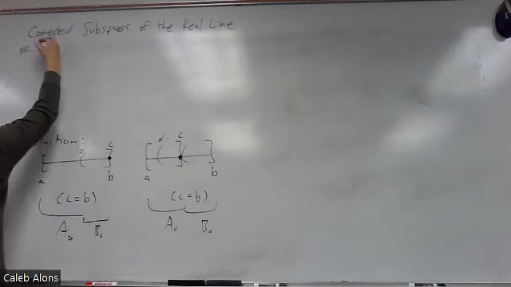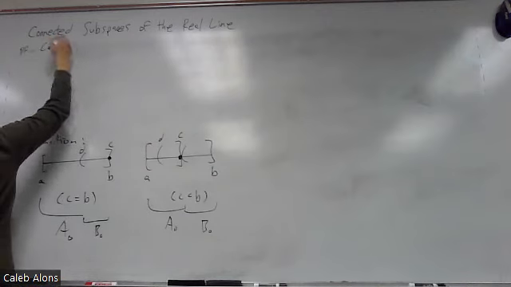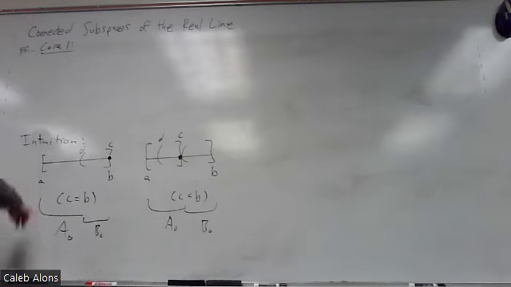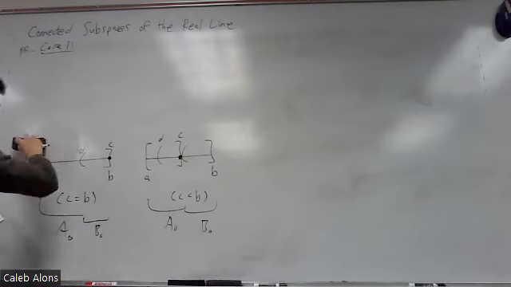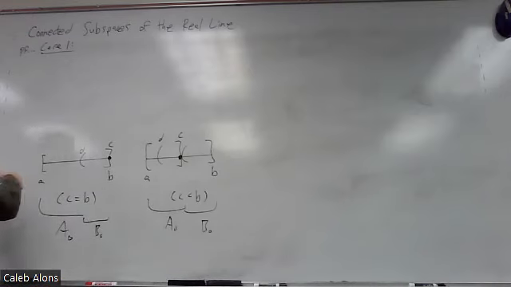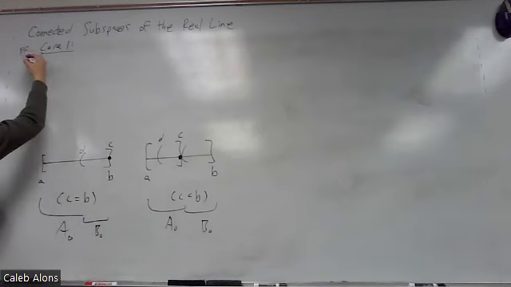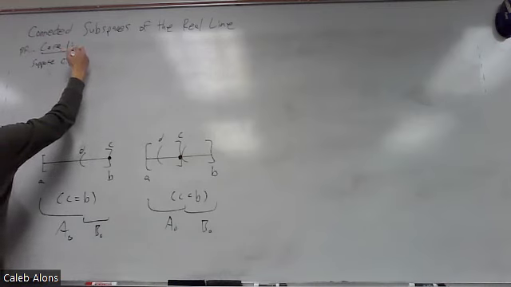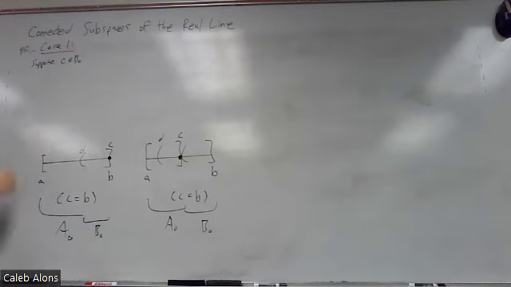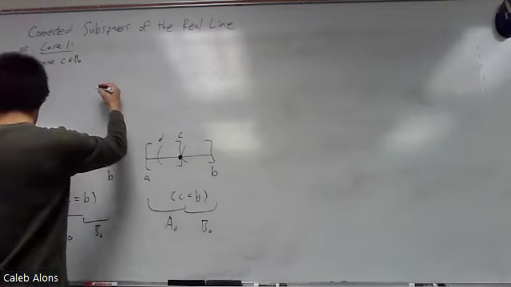Okay, so here's case one, which is basically just this stuff. We're going to suppose that C is in B naught. This is the way we're talking about when I said let's choose to put C somewhere in that part of the separation.